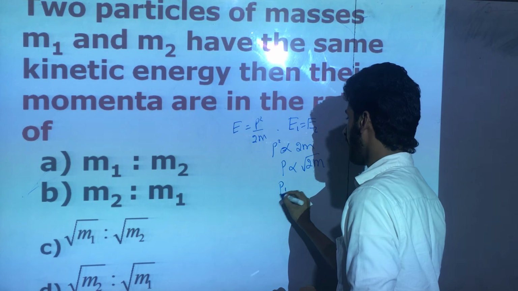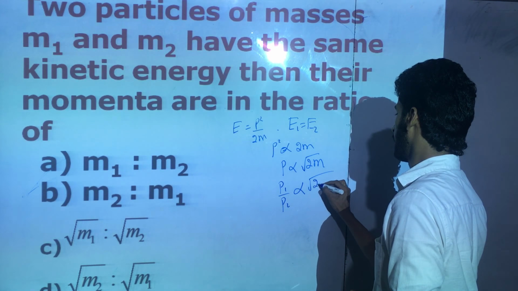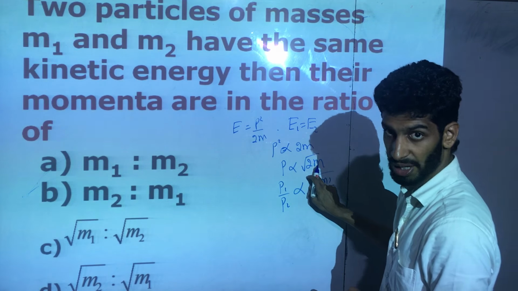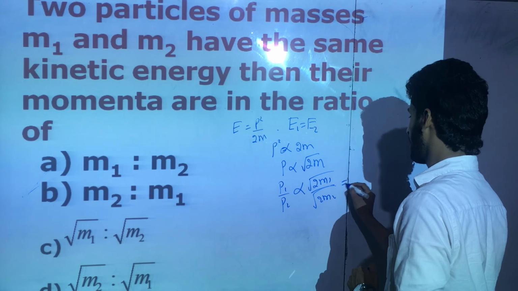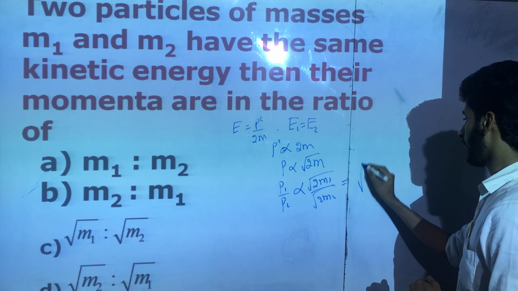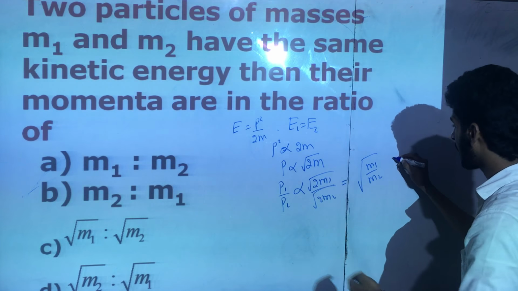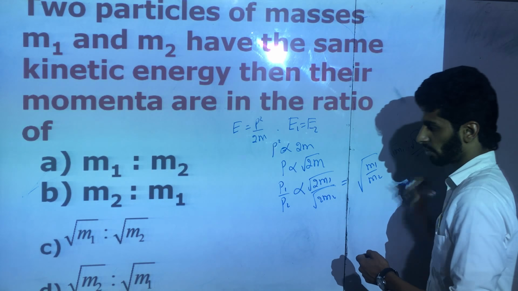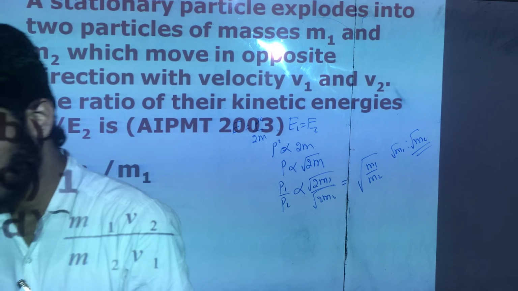So P1 by P2 is equal to square root of 2m1 by square root of 2m2, which is the square root of m1 by m2. So they are in the ratio square root of m1 to square root of m2. So going to option C, that's the answer.